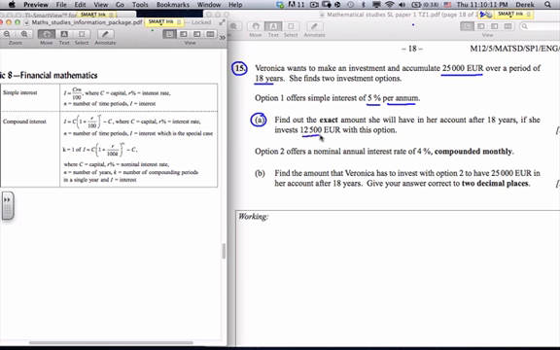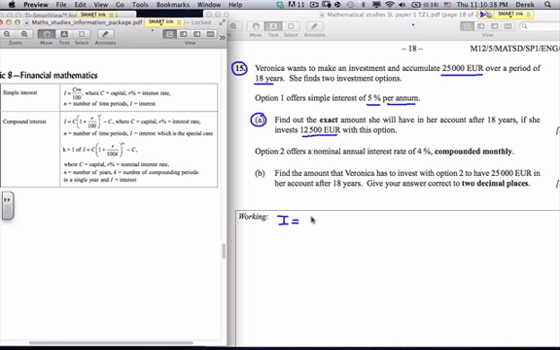So you're going to need to use these two formulas. First one is simple interest. That is when she is just earning interest on the initial capital. You don't get interest on the interest. So we're going to use the interest that she's going to earn over the 18 years.